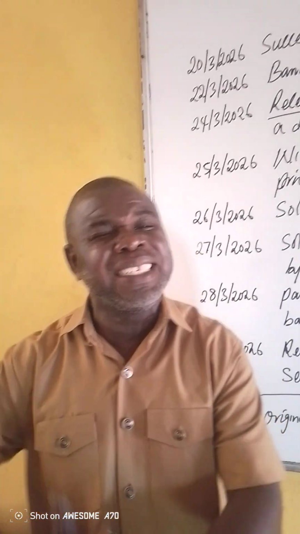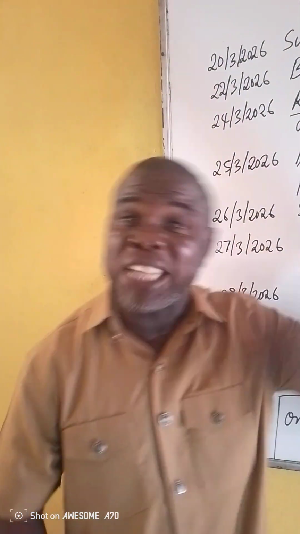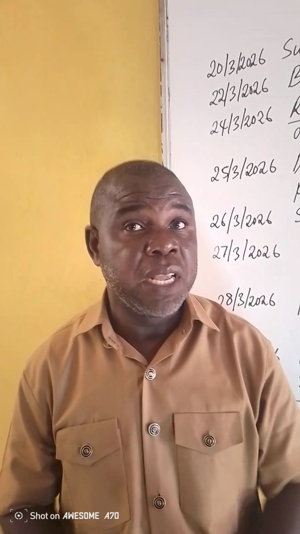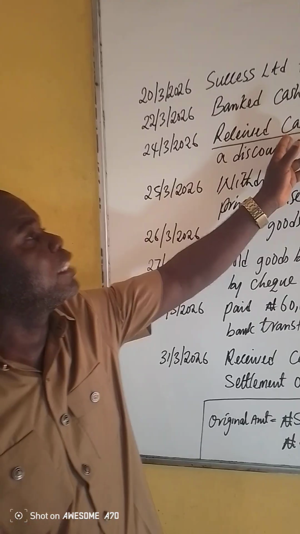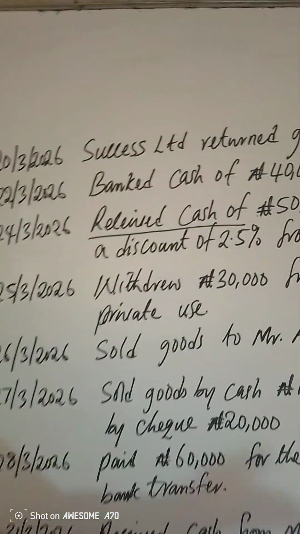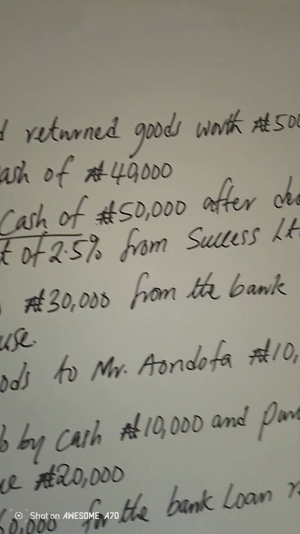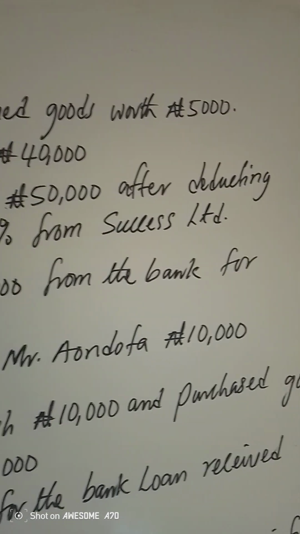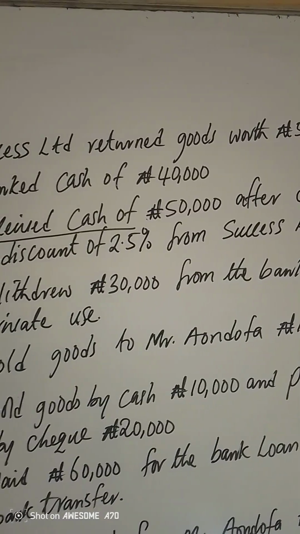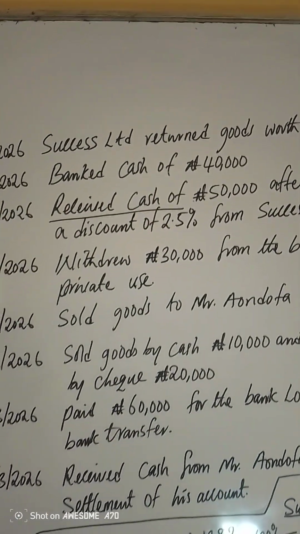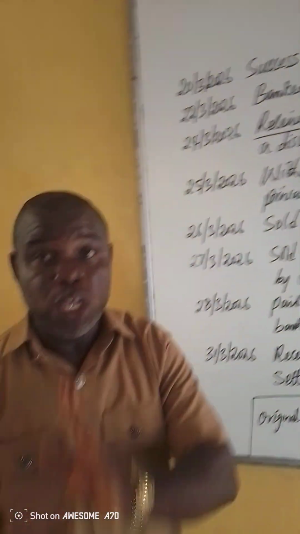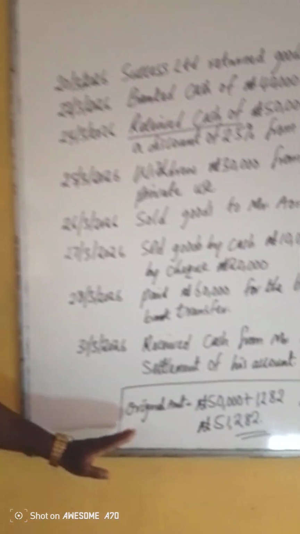The discount is already taken away before the cash of 50,000 was received. Anytime you see a statement like received cash off or received cheque off, and a discount follows, it is clear that the discount was already taken out before the amount was received or paid. So take note. This is how you calculate the discount.